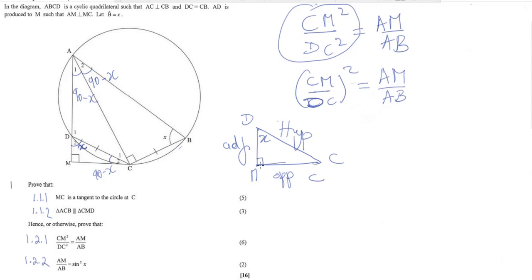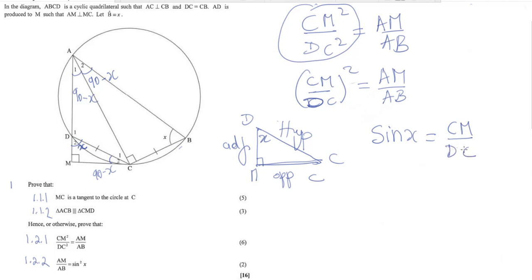So if you want to find the trigonometric ratio of sine, sine X will be equal to the opposite side, which is CM, over the hypotenuse, which is DC. Okay?